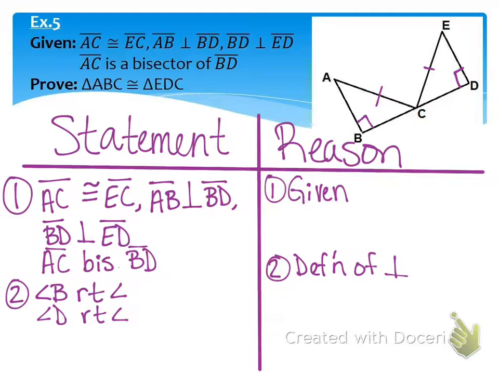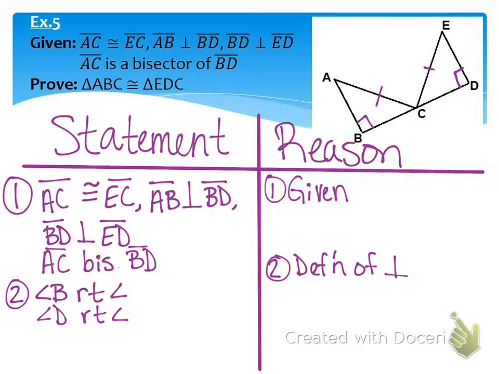So that part is taken care of. They also took care of the hypotenuse. So we've got right triangles, we've got hypotenuses congruent, so the last thing we would need to use HL is legs congruent.